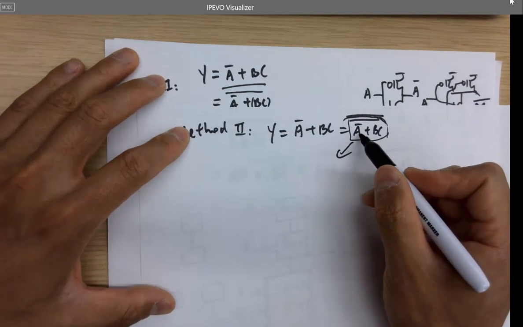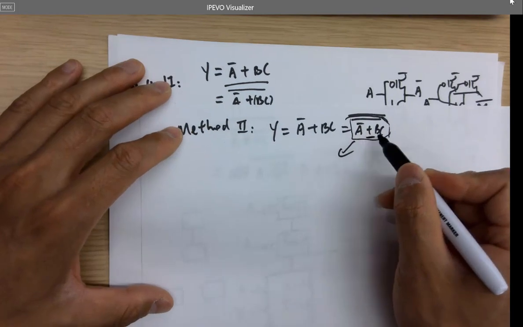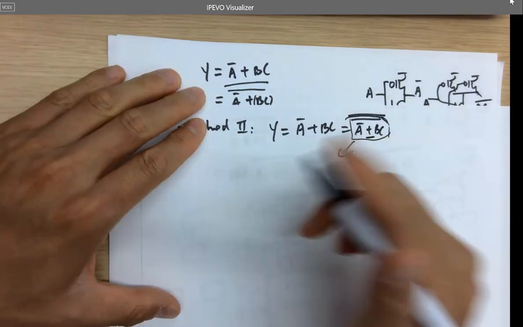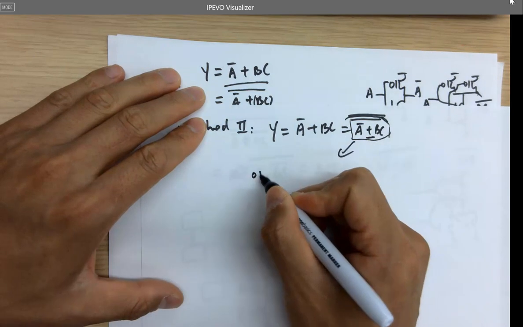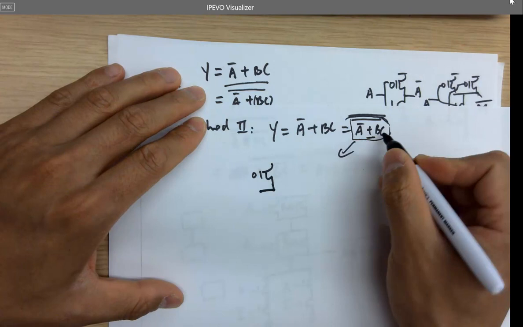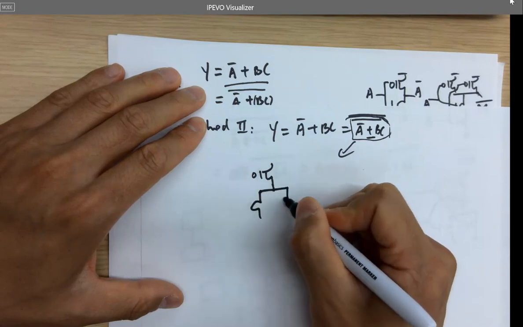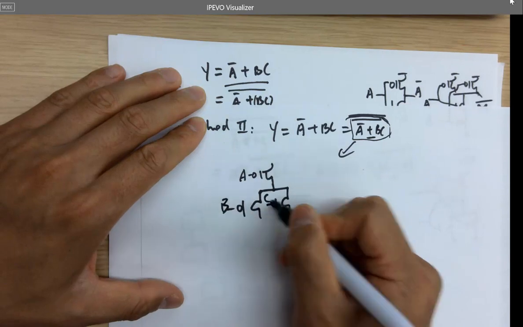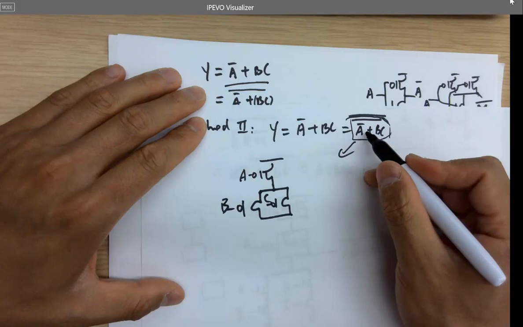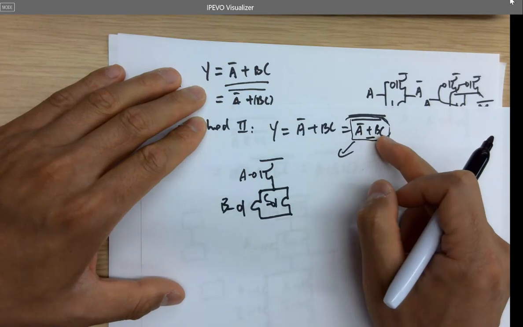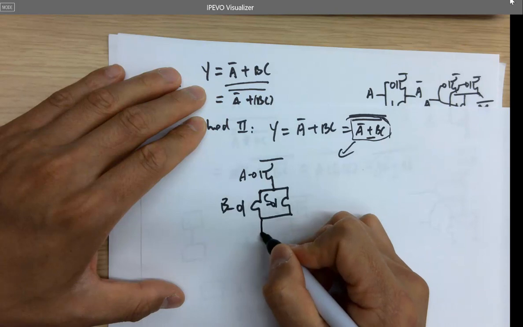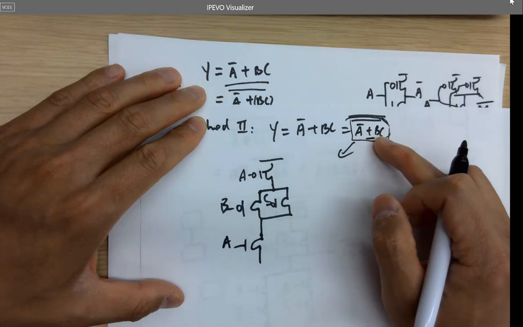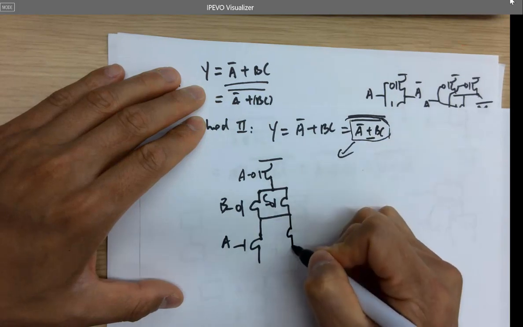So this one is A not or, so you still have two blocks in series on the top for the PMOS, but it's just one transistor for A, and then two in parallel. So this is A, and this is B and C. For the bottom, this block and this block should be in parallel, right? And so one is A, one is the AND logic, so B and C are in series.